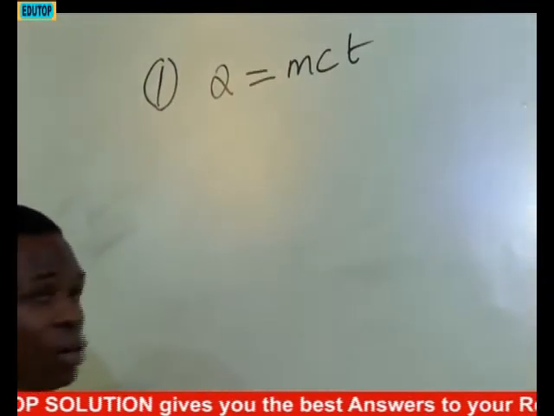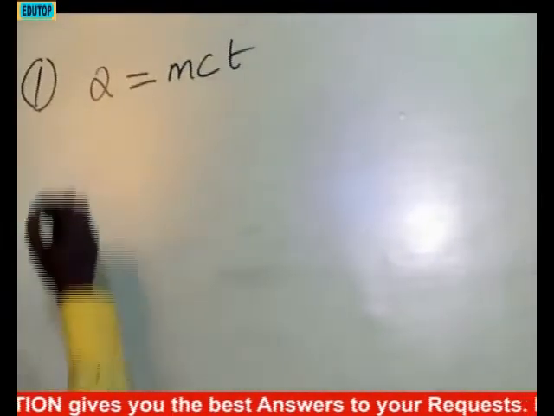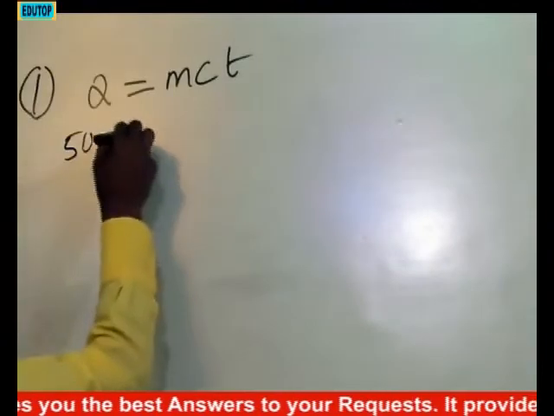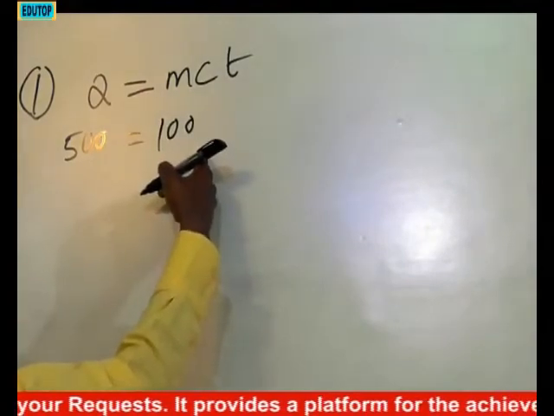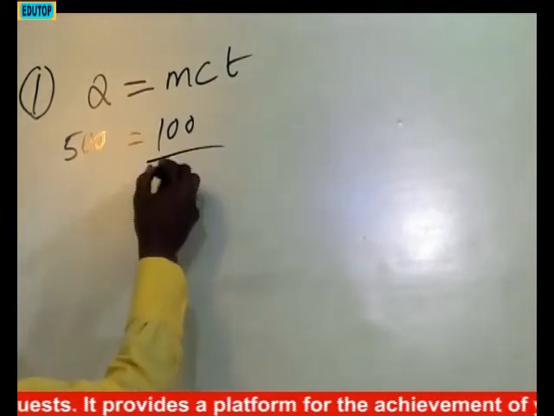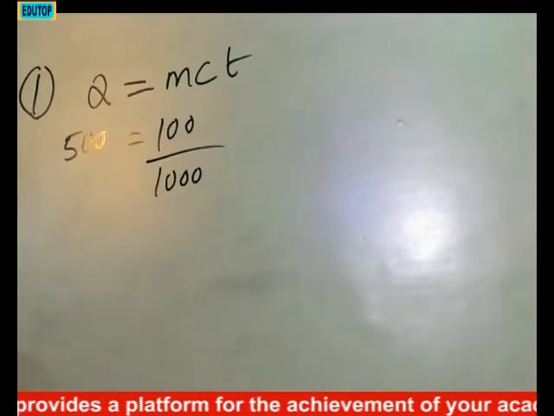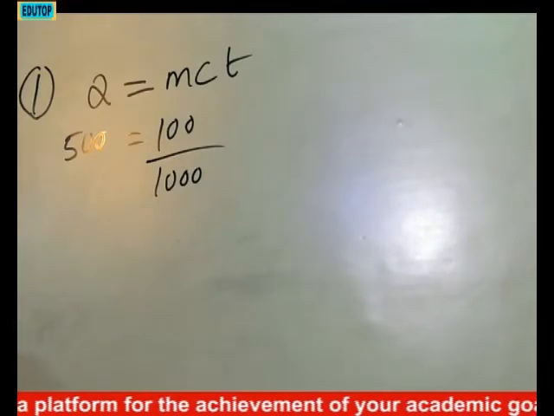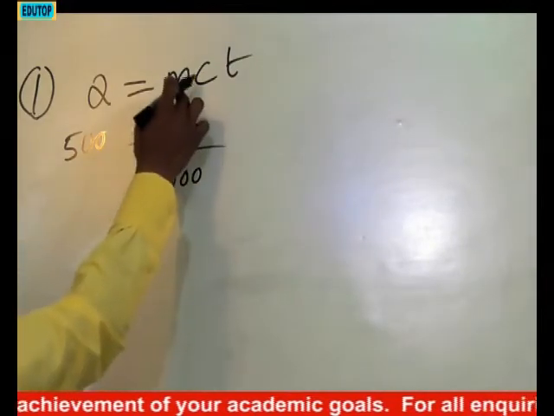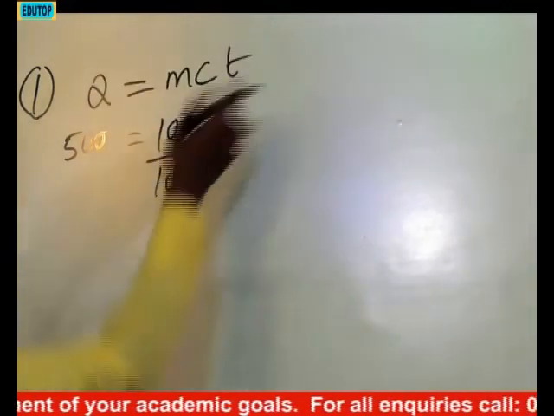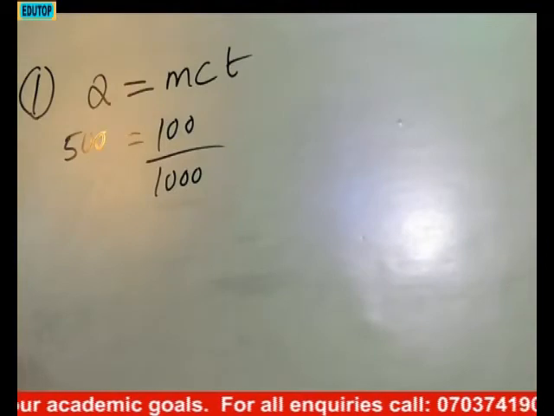We are given the value of the quantity of heat to be 500 joule. Put it there, 500. We are given the value of the mass of water to be 100 gram. But in this case, let's take it to kilogram. We are given it in gram, now in kilogram. Then you are converting from gram to kilogram, divided by 1,000.